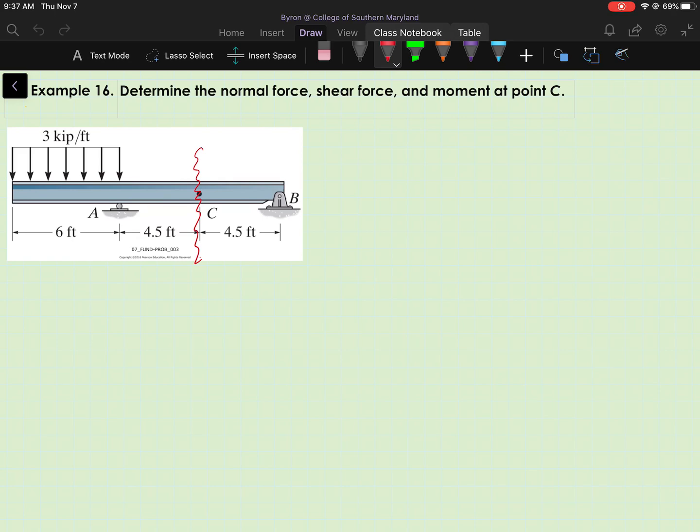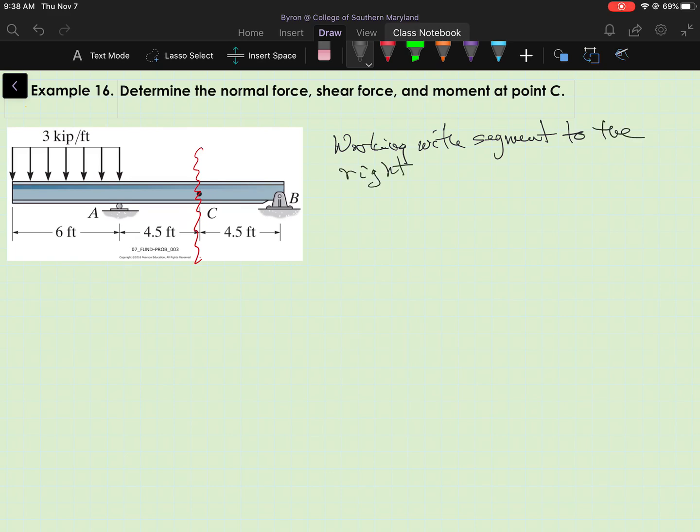It's pretty obvious we're going to work with the right side of the cut. I will write that down. Working with the segment to the right of the cut.